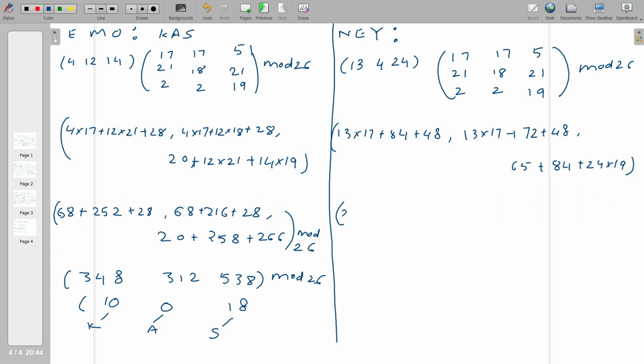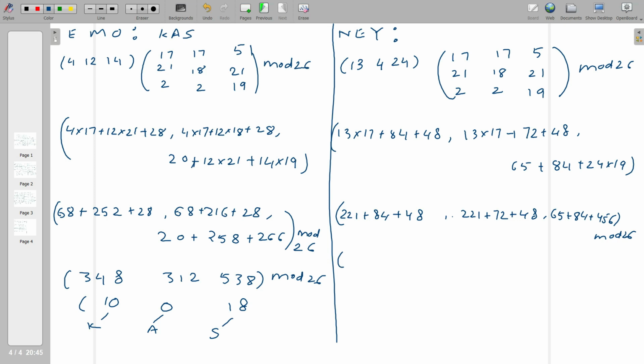So let me do it. 13 into 17 is 221 plus 84 plus 48. Then 13 into 17 is 221 plus 72 plus 48. Then 65 plus 84, and 24 into 19 is 456. And again it is a mod 26 operation.